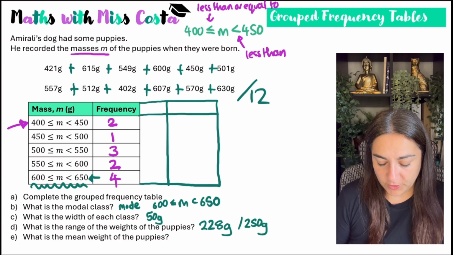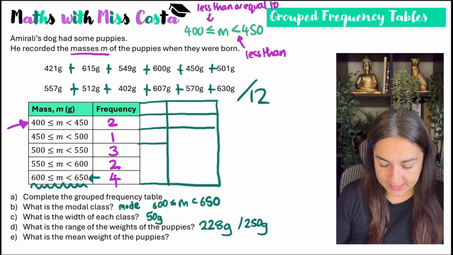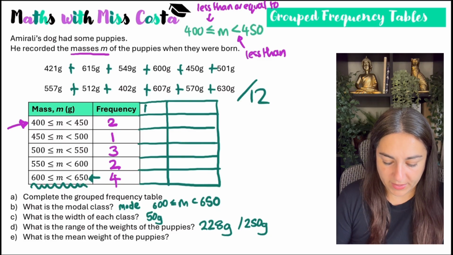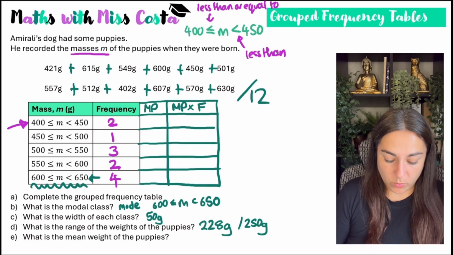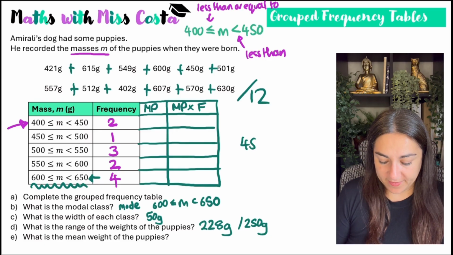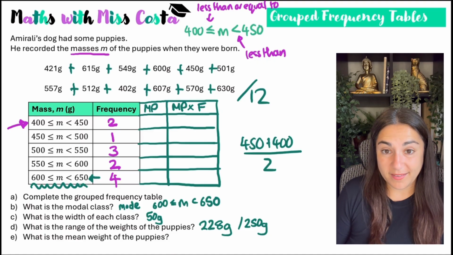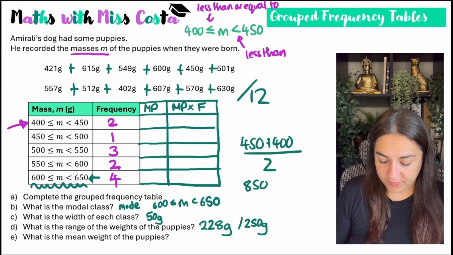And what we're going to do, because we're estimating the mean weight, is we're going to work out what the midpoint of the class interval is. So the midpoint is the middle. The way you do it technically is you'd add the two things together and divide by 2. So that would be 850 divided by 2, which would be 425.